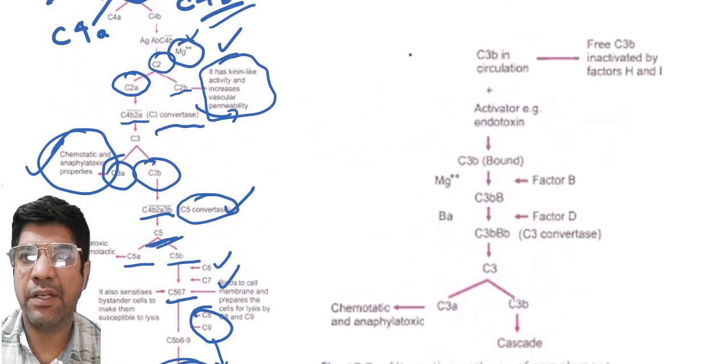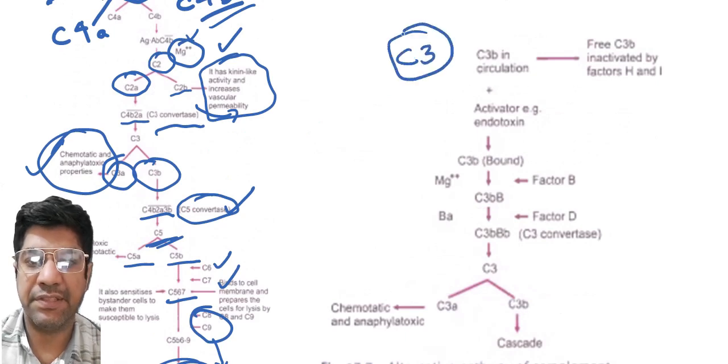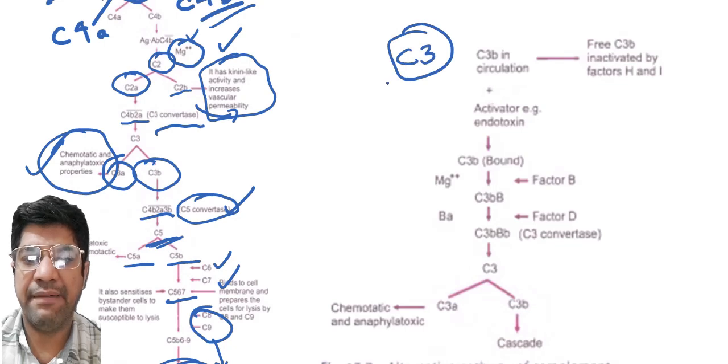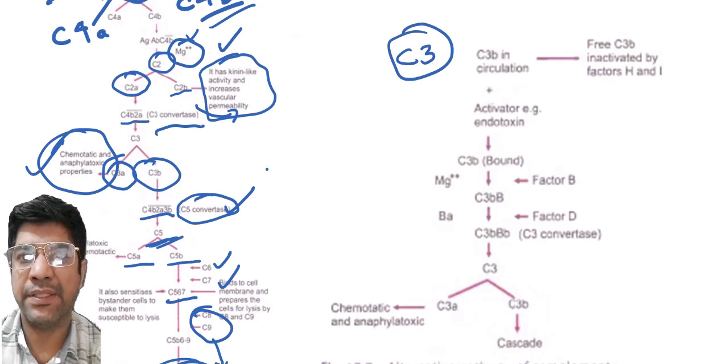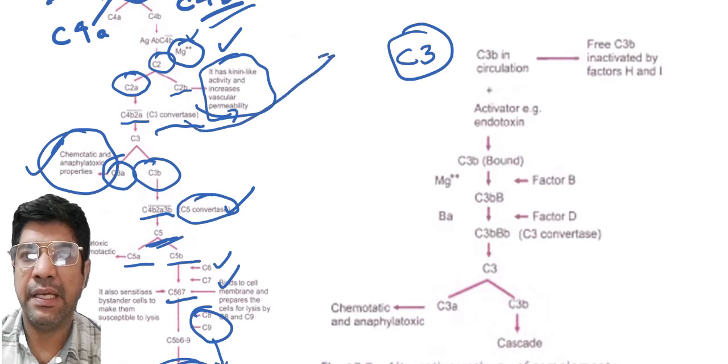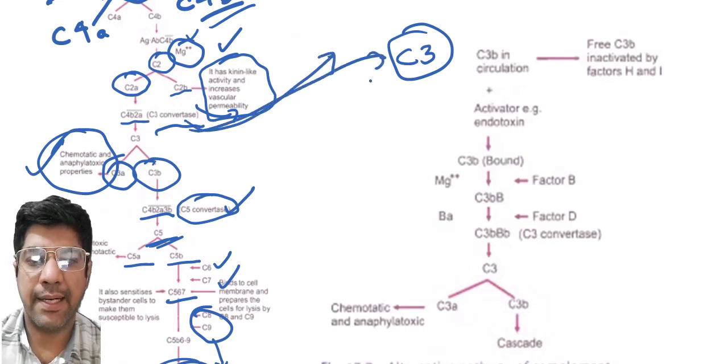The alternate pathway is the activation of C3, which is a major component of the complement system. In the classical pathway, C3 activation is achieved by formation of C4b2a, that is C3 convertase. In the alternate pathway, C3 is activated directly.